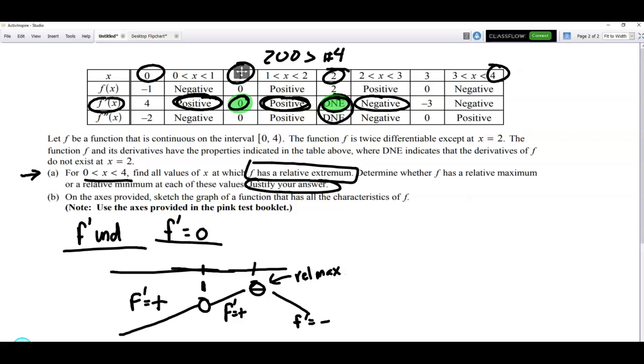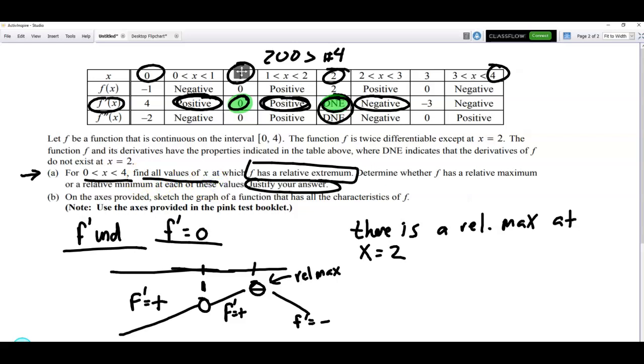So, we would say there is a relative max at x equals 2. And I wonder if they want the y value. It says find the values of x, so we'll just put x.